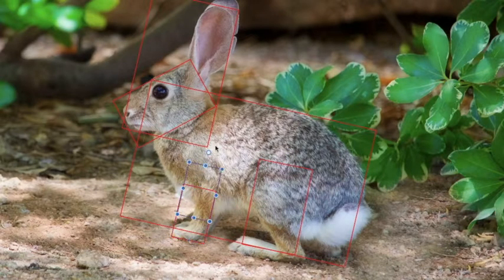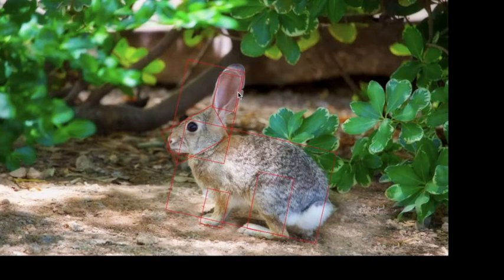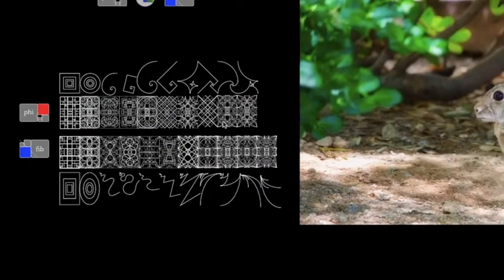This one is going to somehow represent the ear, I guess a little bit of the inside of the ear. Yeah, so there are for sure a bunch of phi relationships in there. This rabbit is definitely phi.